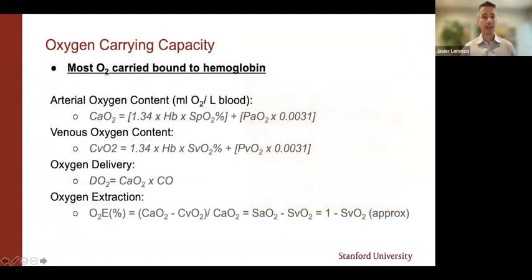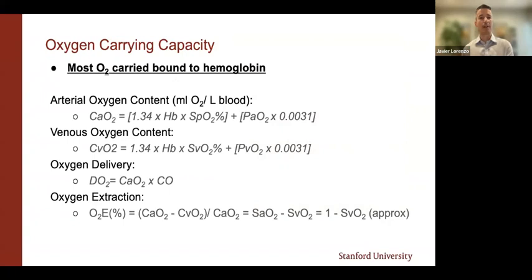All right, so definition. Oxygen carrying capacity: remember that most of your O2 is bound to hemoglobin, and that is 1.34 times your hemoglobin times your percent saturated. So a fully saturated gram of hemoglobin will carry 1.34 cc's of oxygen, and then your PaO2 dissolved in your serum will carry a very minuscule amount.